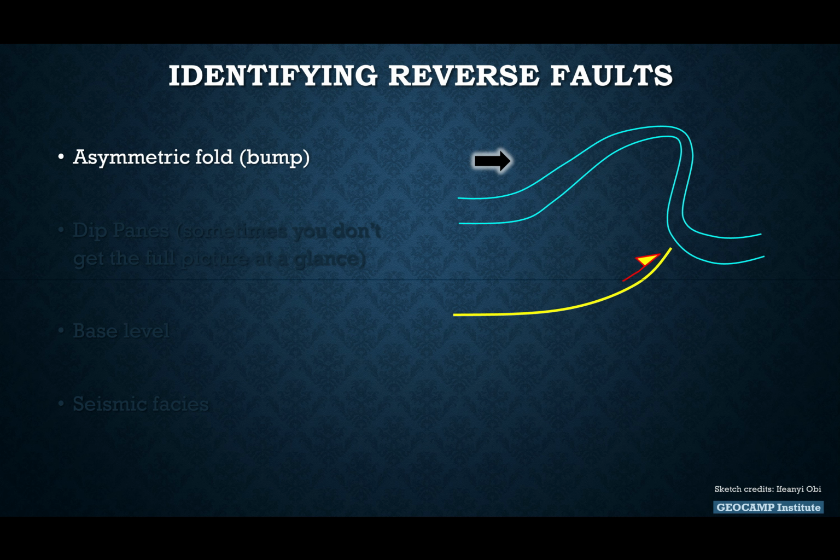So in this case, we see an asymmetrical bump, and the first message is that it's sitting on top of a reverse or thrust fault. The second message is that the direction of asymmetry tells you the direction of sediment loading in the basin, or where the compressive force is emanating from.